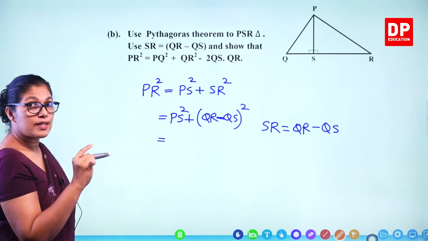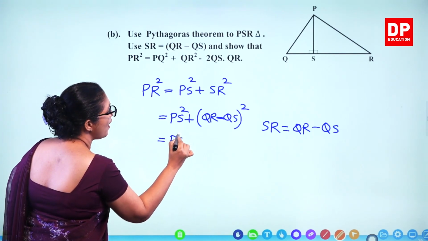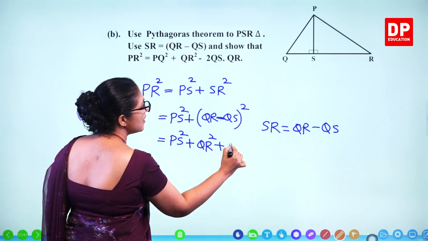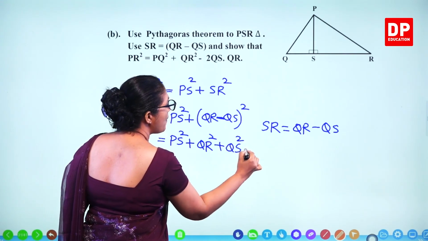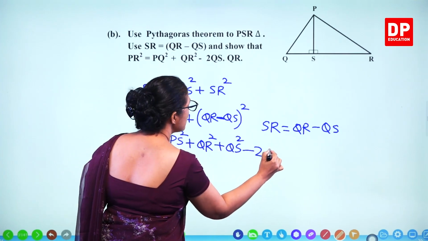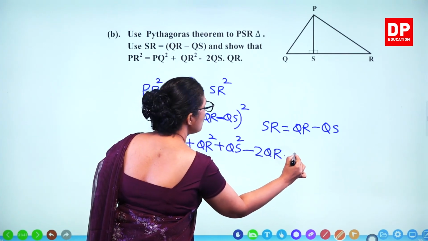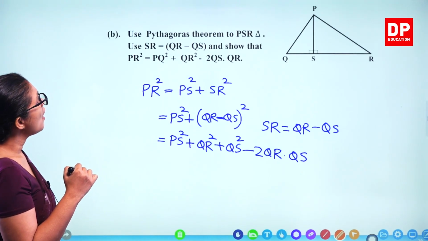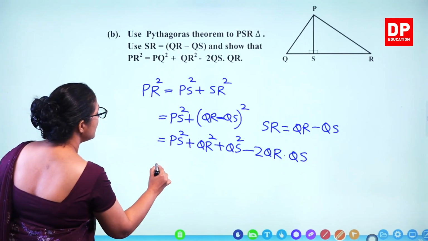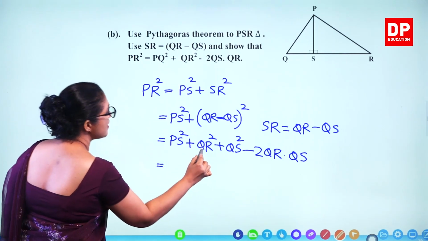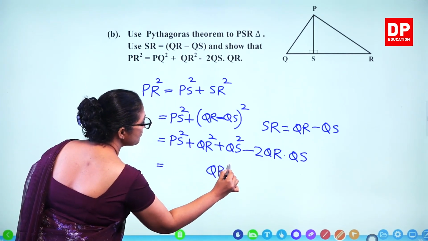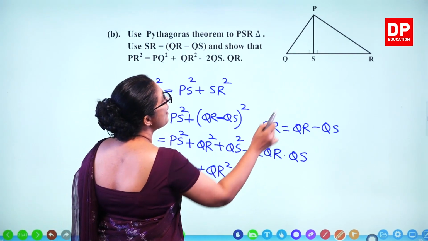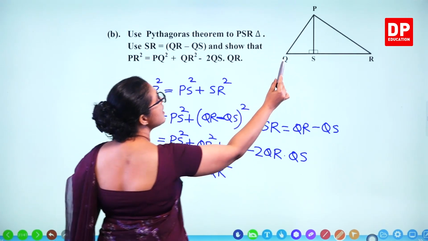Now expand brackets. So PS squared plus QR squared plus the last term squared minus 2 times the multiplication of these two, QR times QS. Now look carefully. QR squared is there, PS squared and QS squared.